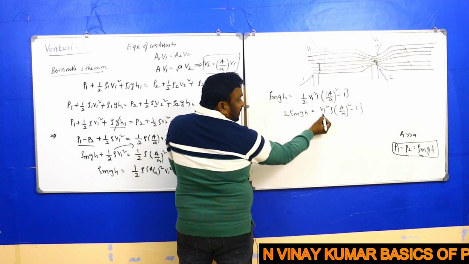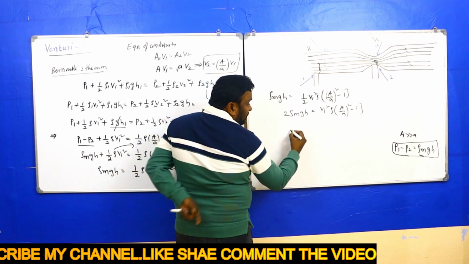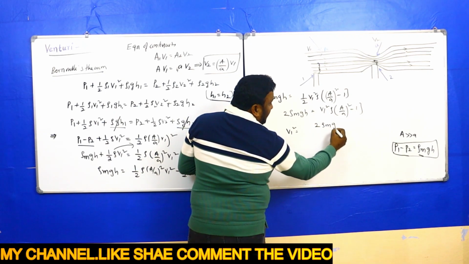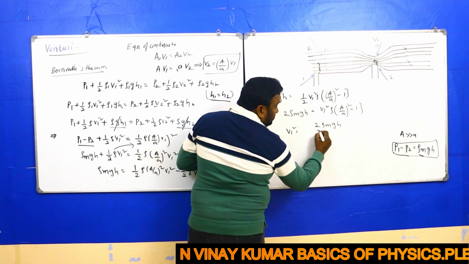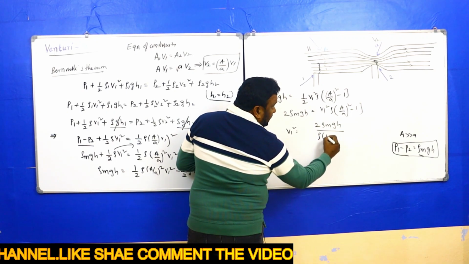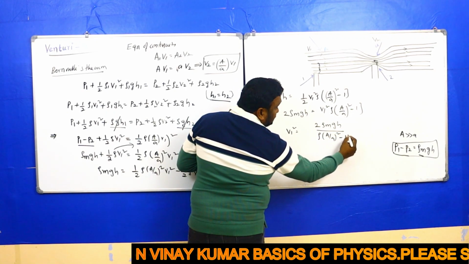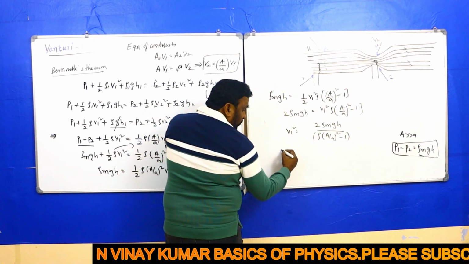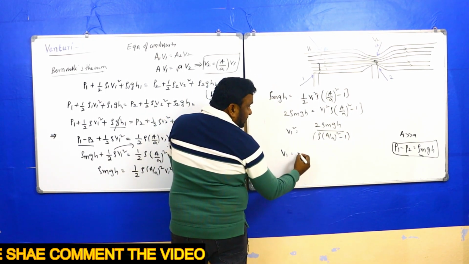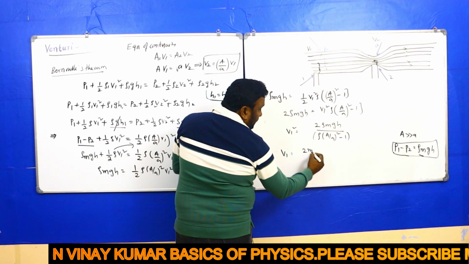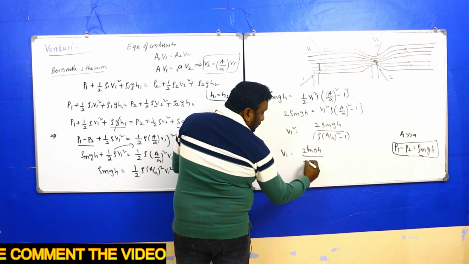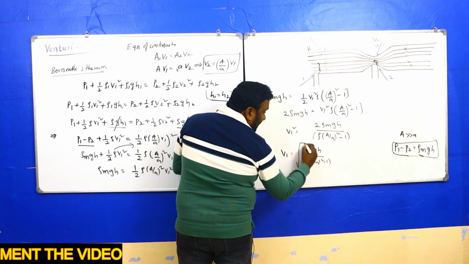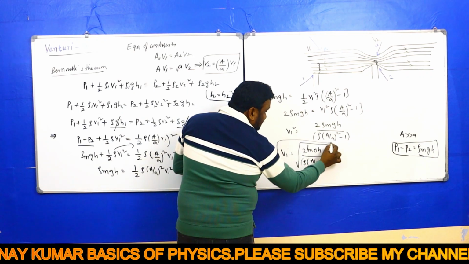What we required is only V1². That's why we can write V1² is equal to 2 rho m g h by rho ((A/a)² minus 1). Then obviously what you require is V1. What you get here is 2 rho m g h by rho ((A/a)² minus 1), and we will get all these things in SI.